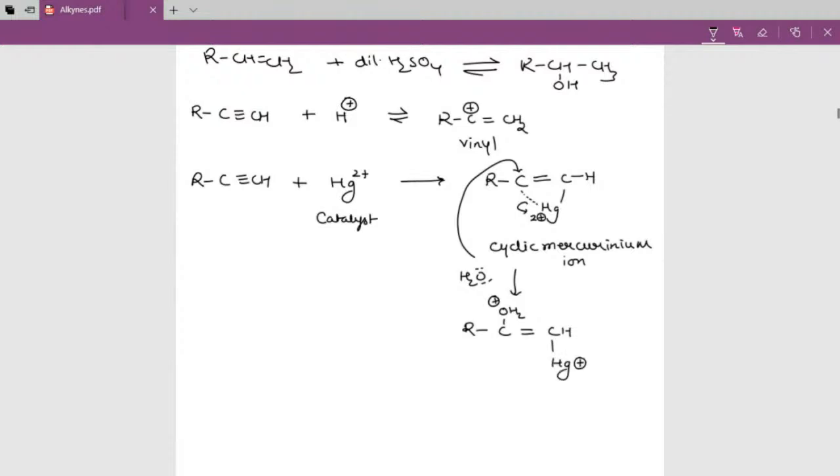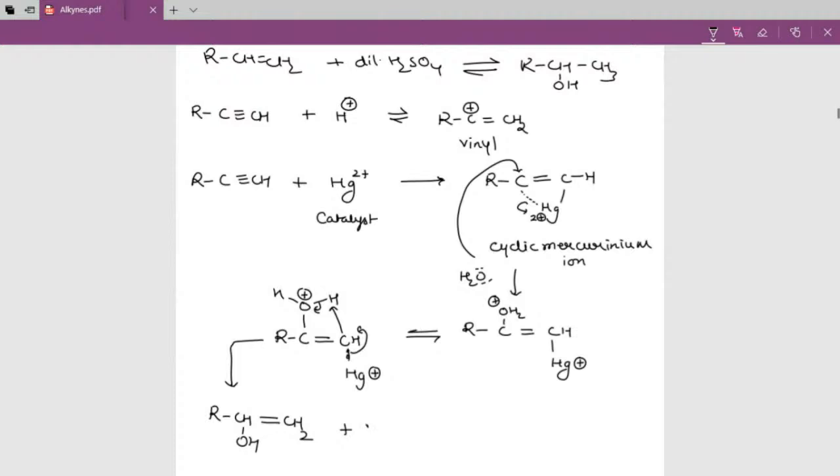Now it will lose H plus, and ultimately let me write it like this: RCHOH double bond CH2.